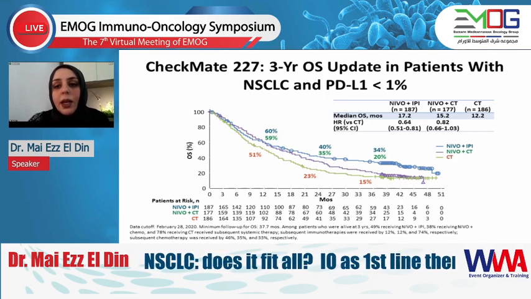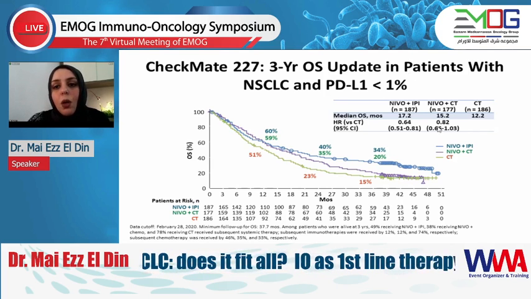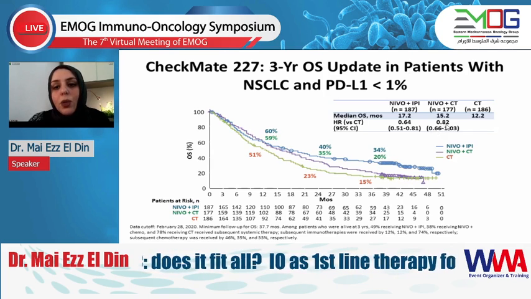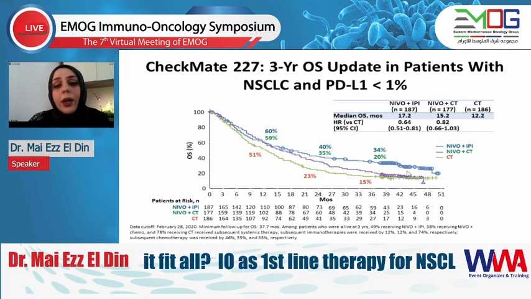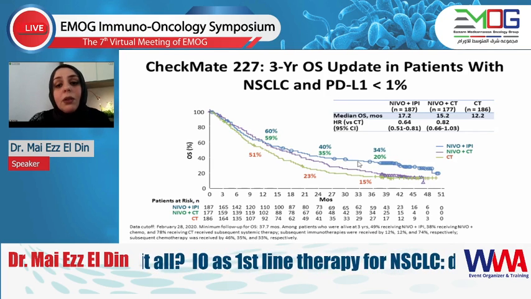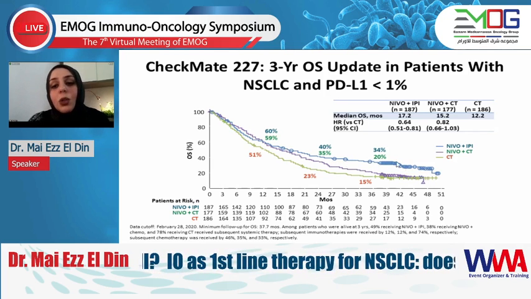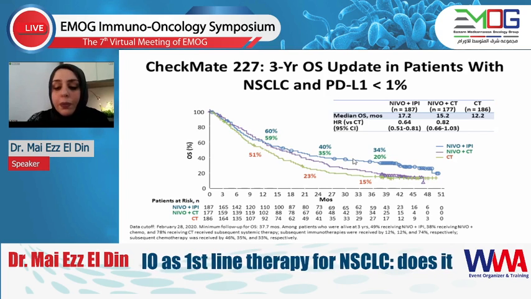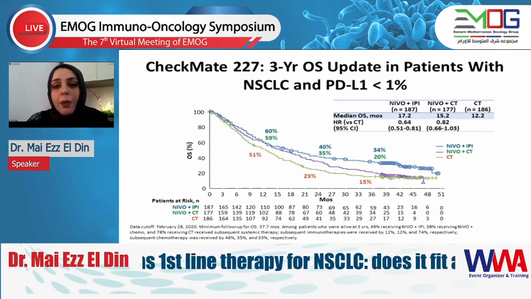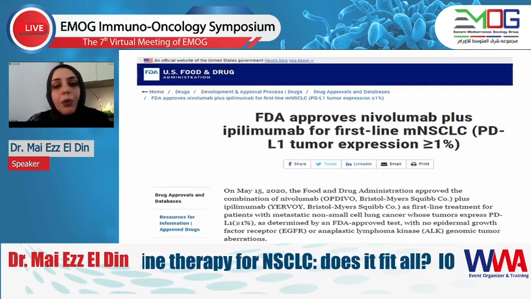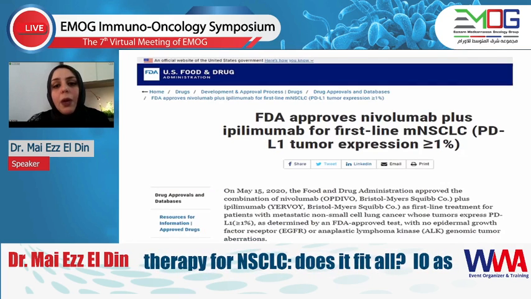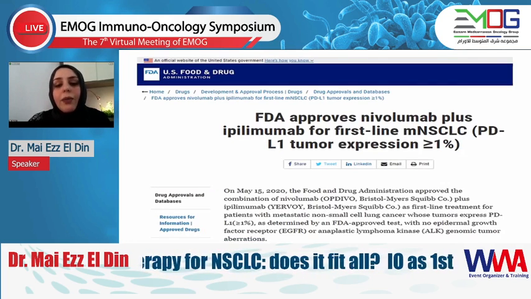The hazard ratio was a trend, but still the duet of IO-IO is a good regimen you could consider if your patient has any contraindication to receiving chemotherapy. Hence the FDA approved nivolumab and ipilimumab for patients with PD-L1 expression over 1%.